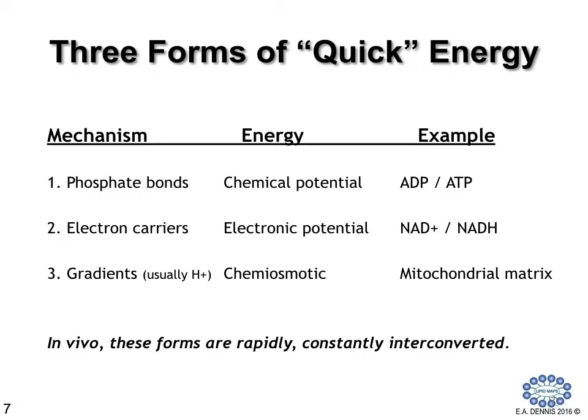Finally, we come to the third form, or gradients, usually proton gradients, and this has a form of chemiosmotic energy that is what is used in the mitochondrial matrix. And these forms are constantly being interconverted during metabolism.